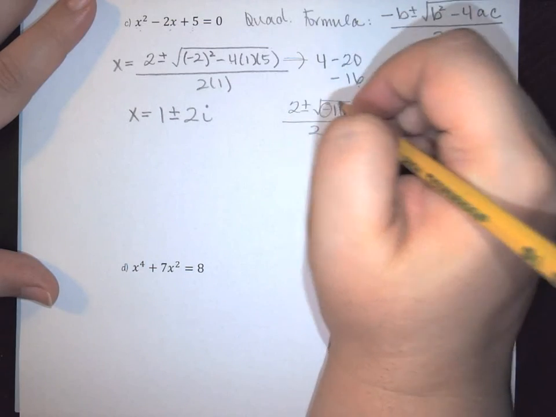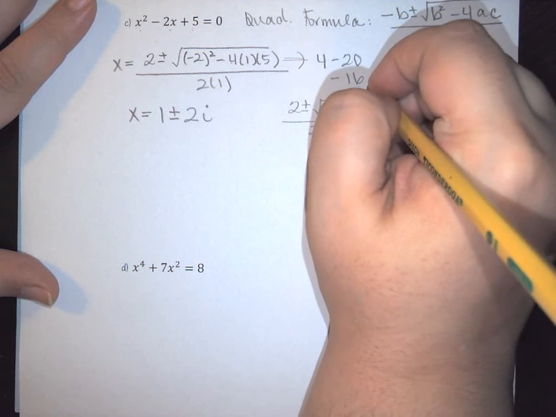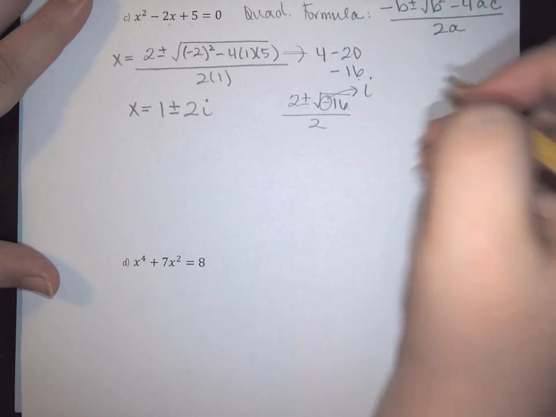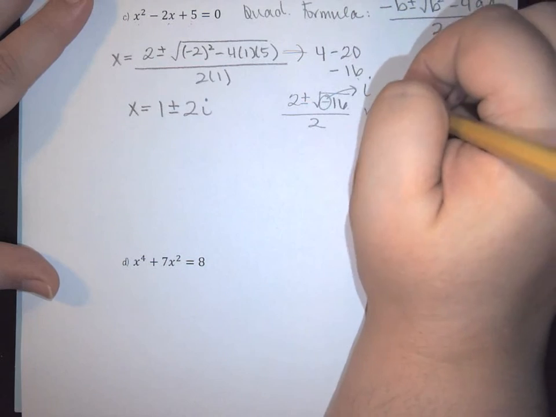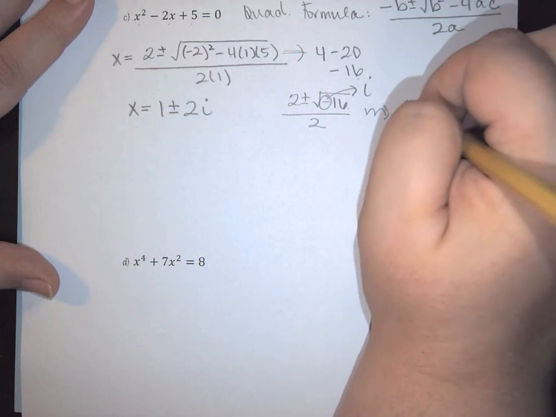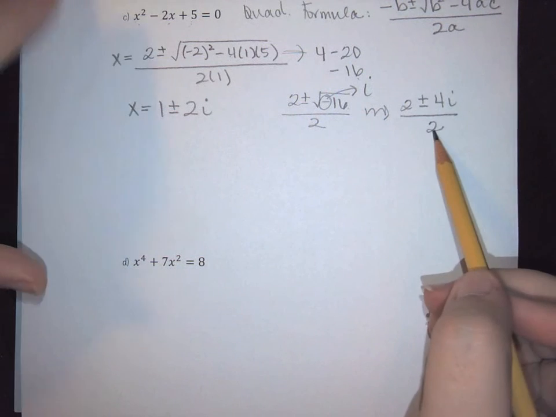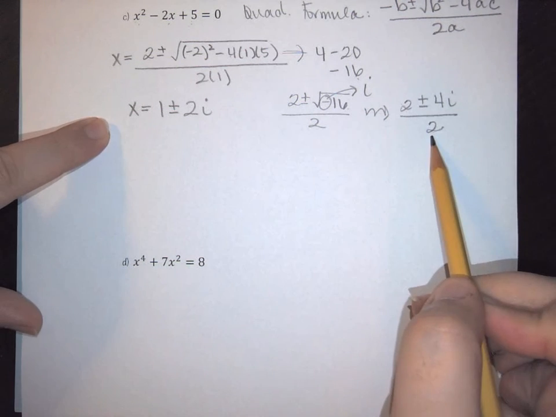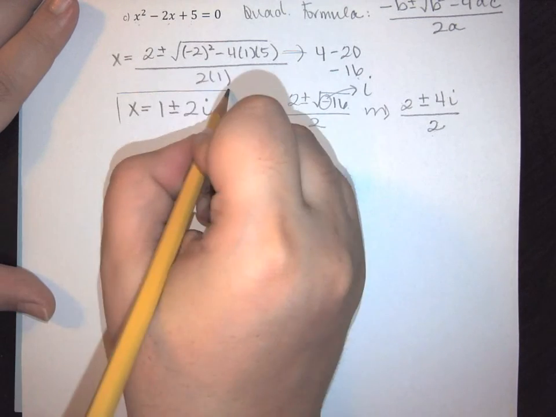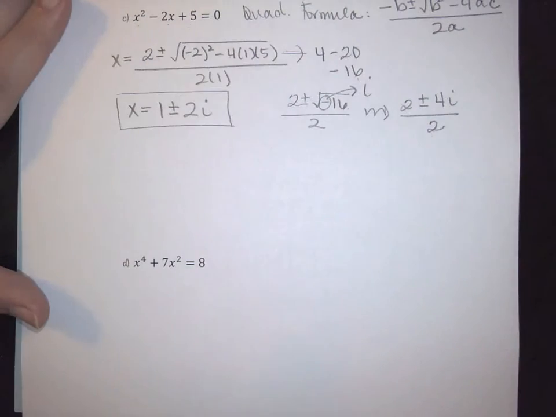The negative is going to pull out of your radical as an i. The square root of 16 reduces to 4. So this becomes 2 plus or minus 4i all over 2. And from here you would reduce. 2 over 2 becomes 1, 4 over 2 becomes 2, and thus we end up with your zeros.